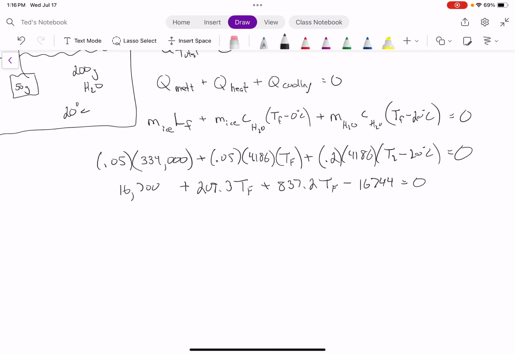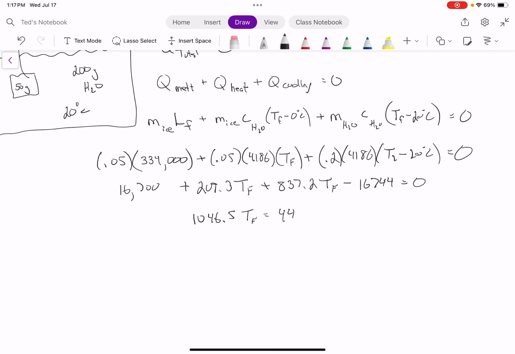Okay. So then it looks like 209.3 plus 837.2, this is 1046.5 T final is equal to 16,744 minus 16,700, which is 44.